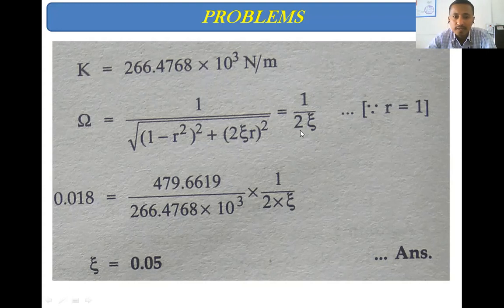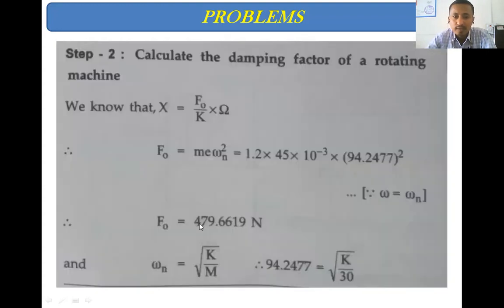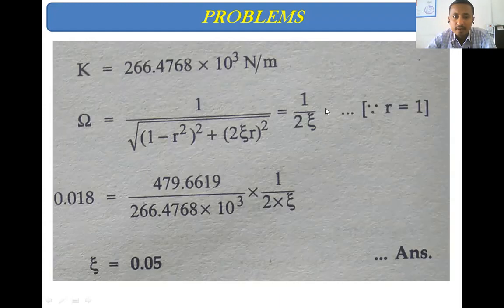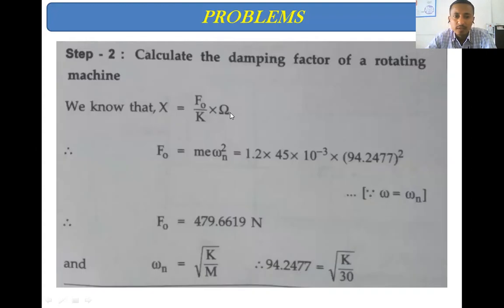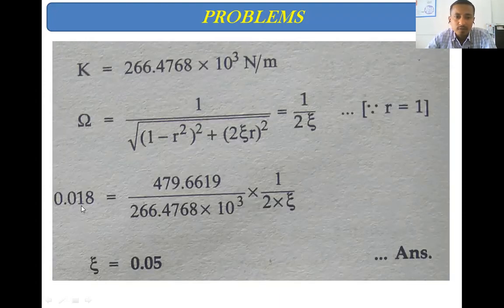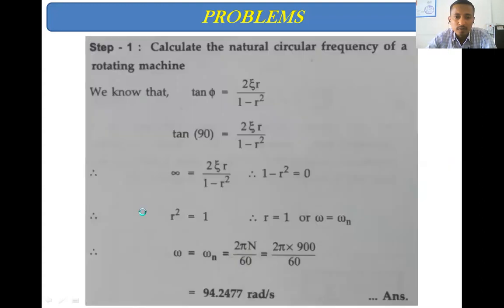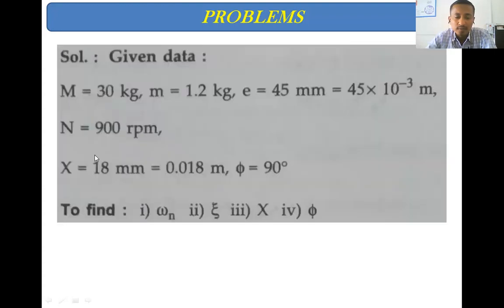Whatever the values of F naught, k and the magnification factor, we can substitute these three values in this equation: X is equal to F naught by k into omega. The amplitude X is 0.018 meter.